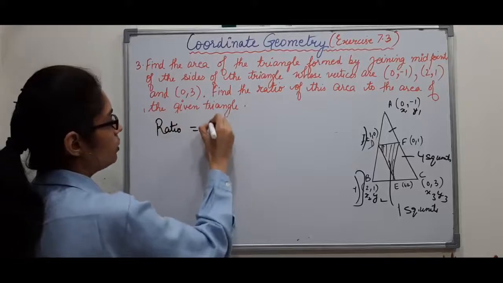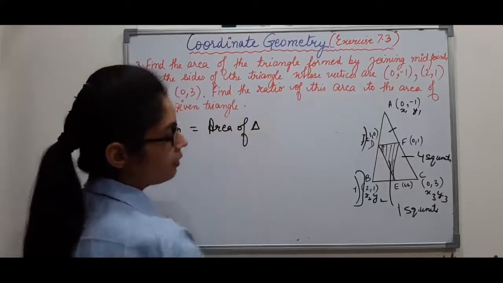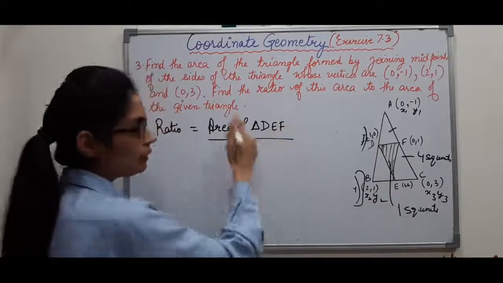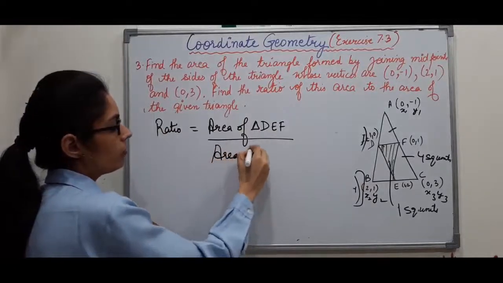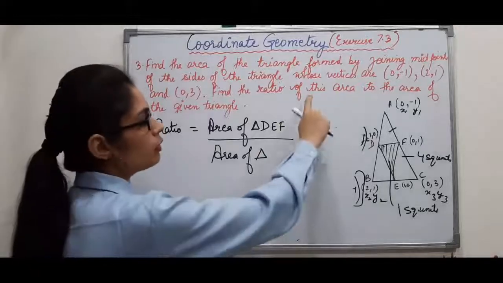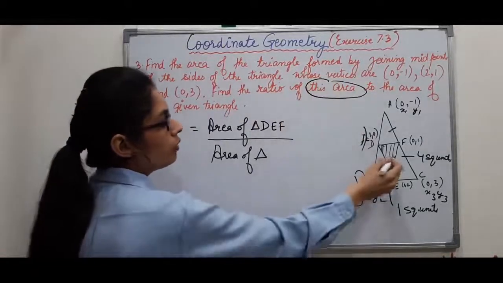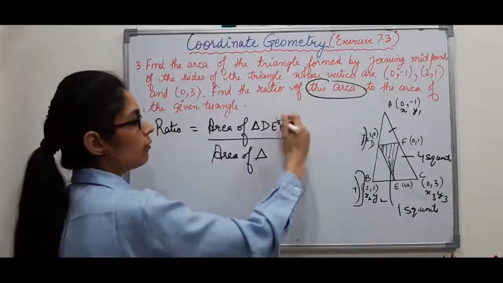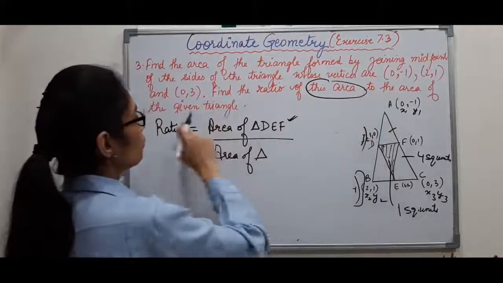Ratio is equal to the area of triangle DEF, because we have given the names. On top you have to write the area of the smaller one, which we calculated in the first part, over the area of the given triangle.